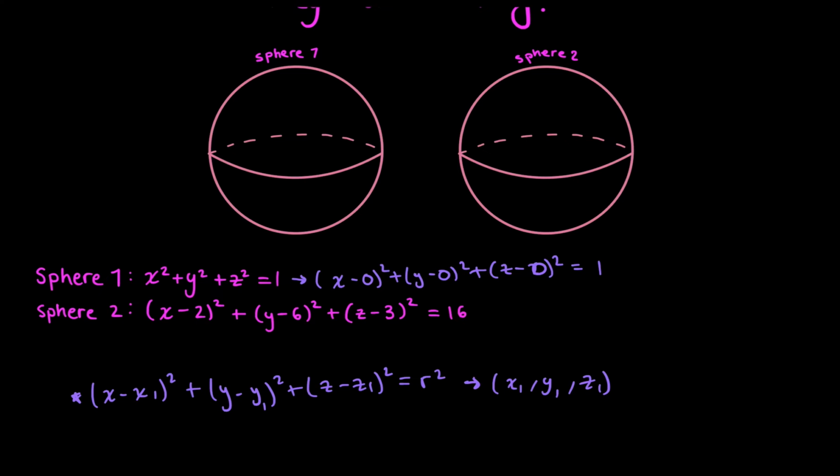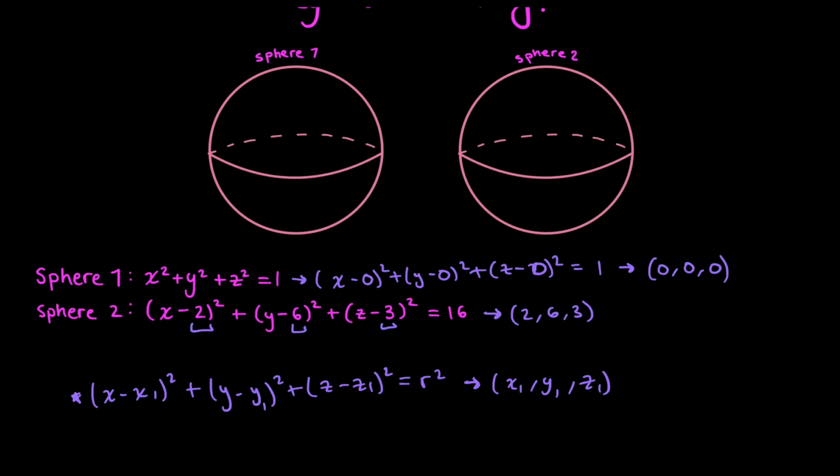So, yeah, the center of sphere 1 is just the origin. But in sphere 2, I can tell that it is not at the origin. The center is at (2, 6, 3).